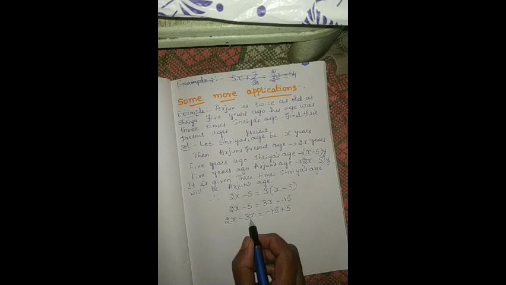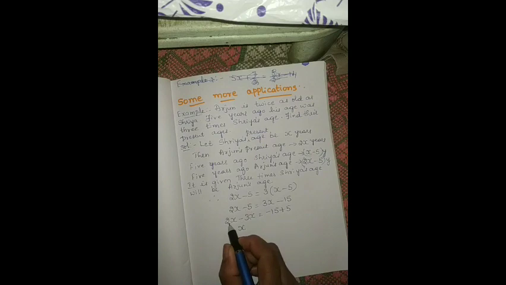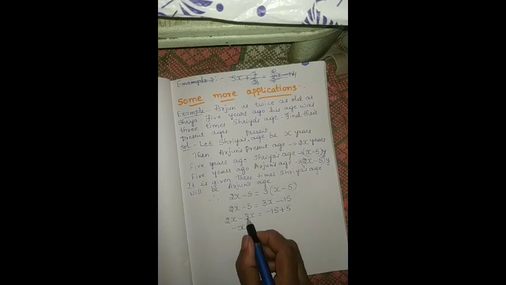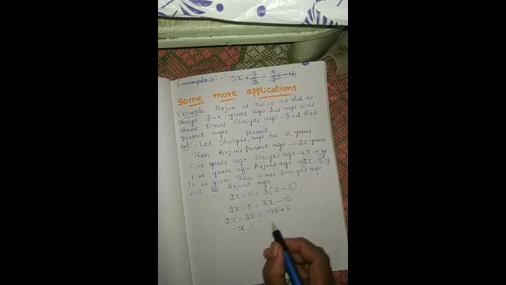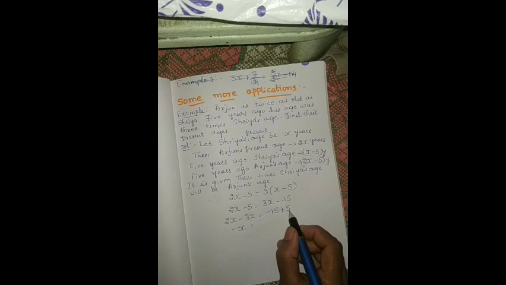2x minus 3x. Here observe, children, bigger number, smaller number. So we have to subtract the smaller number from the bigger number. We are getting x, right? 3x minus 2x, x, correct. But the sign is the bigger number's sign. Which is the bigger number? 3x. So its sign is minus. Is equal to minus 15 plus 5.